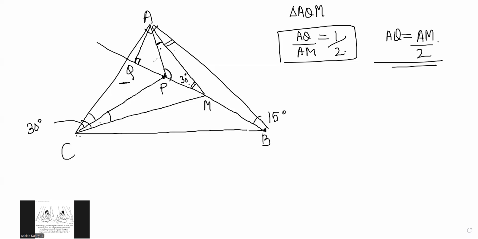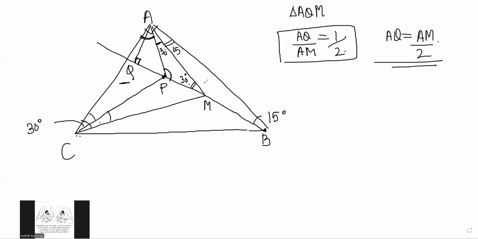We had shown that triangles APC and CPM were congruent, right? So the angles were matching. So we know the angle that the AP line makes with this. I think it was 45 only. CAP was 45, yeah. So basically this total part is 45, and we know this part is 30, so this part is 15.